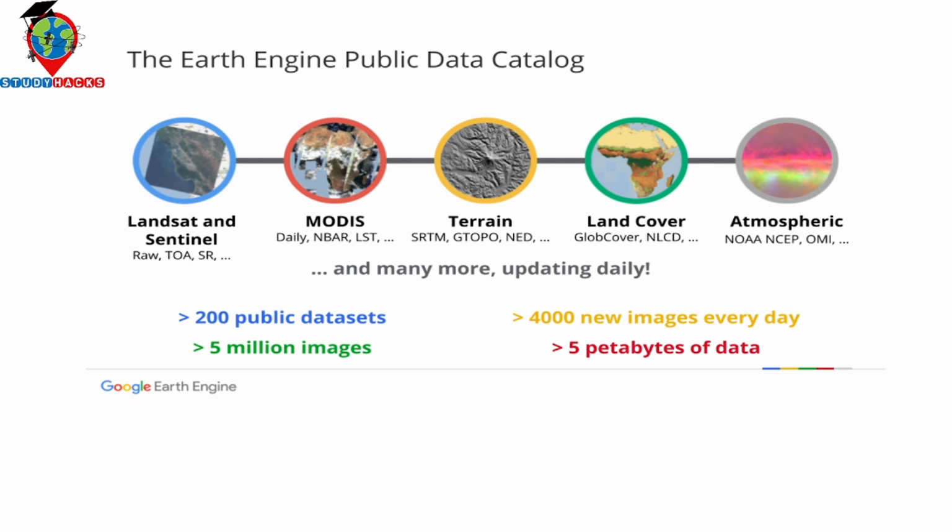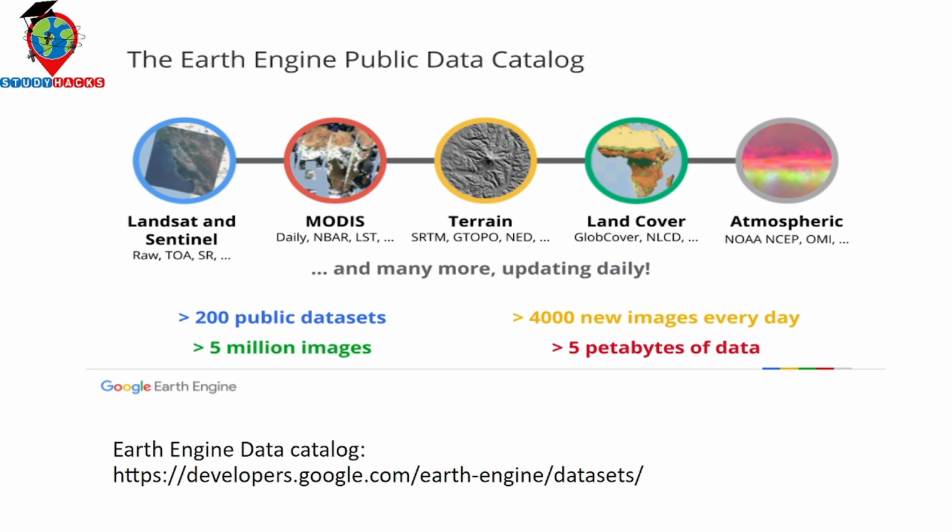All of the freely available remotely sensed data can be accessed from the Earth Engine public data catalog. This is the link; you can simply go to this link and get the whole Earth Engine public data catalog.